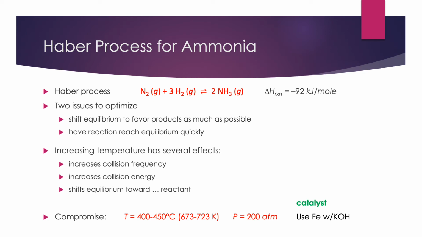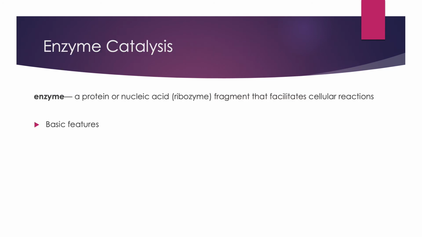They use iron, and iron is pre-treated with potassium hydroxide, which makes it capable of catalyzing this reaction. But it's only under these conditions that you can get a substantial yield of ammonia at conditions that sound extreme, 400 degrees centigrade and 200 atmospheres, but in fact are about as best as you can do under these circumstances.